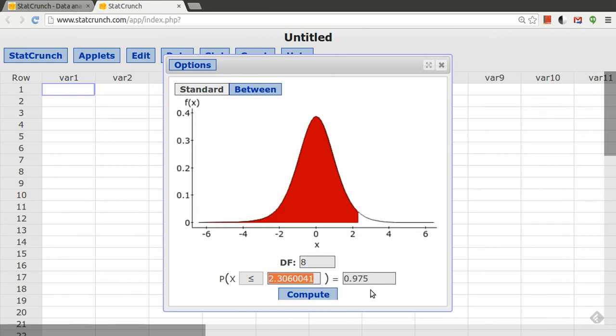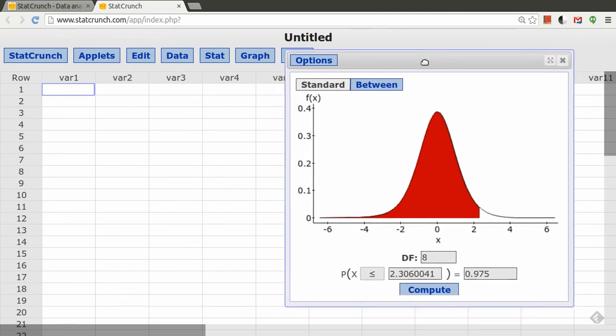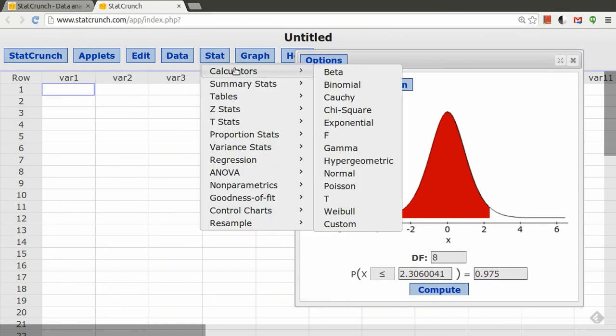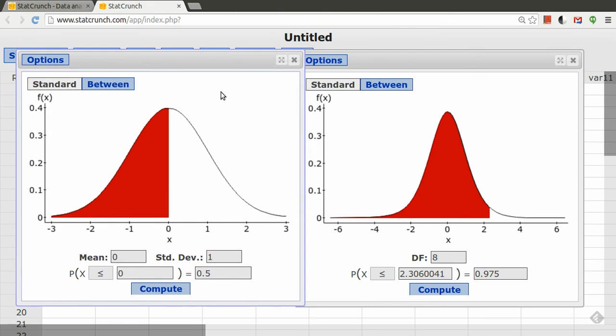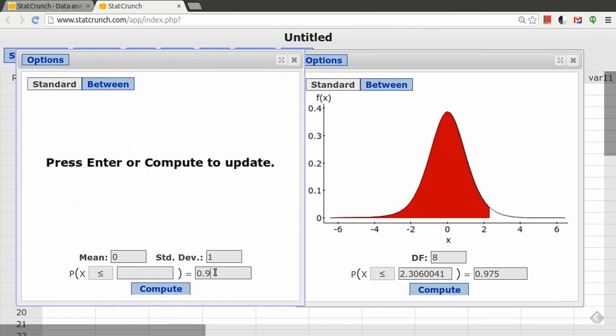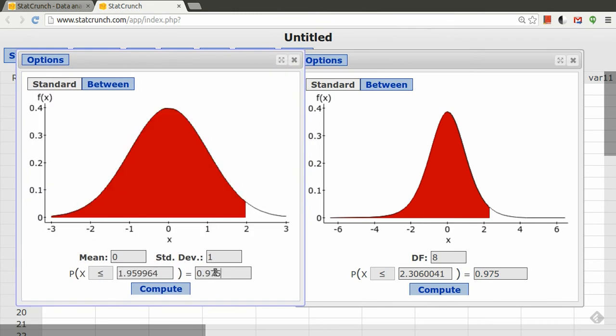You're going to notice a few things here. First is that this value is substantially bigger than when we had the normal calculator. So I'm going to go ahead and pull up a normal calculator, Stat, Calculators, Normal. Just move it over here. I'm going to do the same value here, 0.975. We get that 1.96 that we saw before.